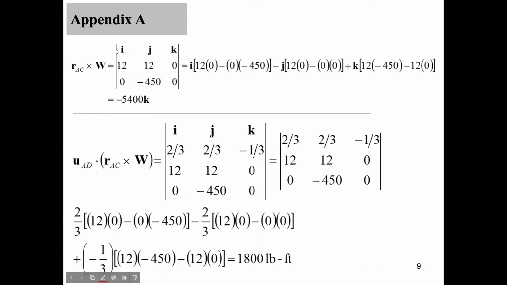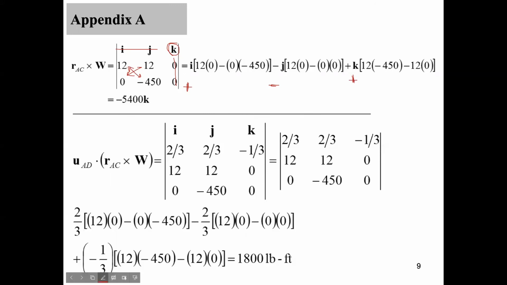Hide all elements in row 1 and in column 3 except element 1, 3. Then multiply K by 12 times negative 450 minus 12 times 0. Remember, the sign sequence is plus, minus, plus.